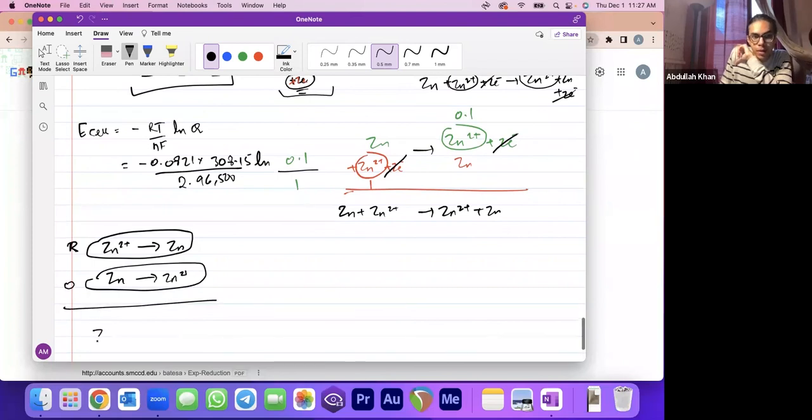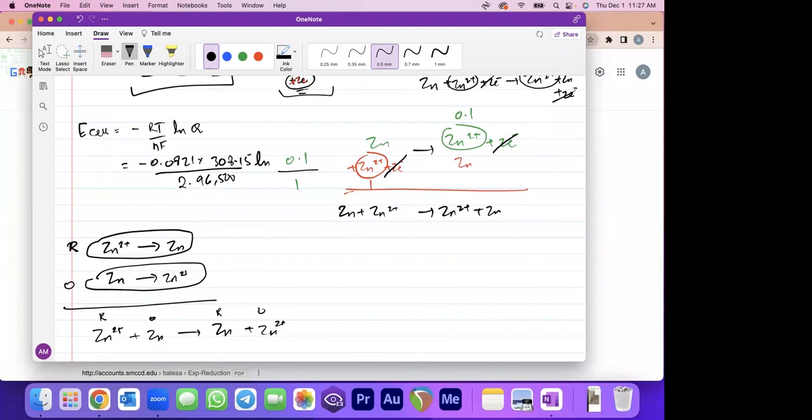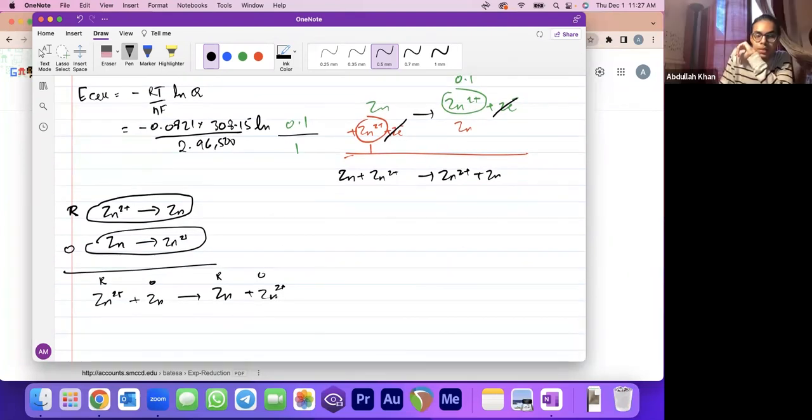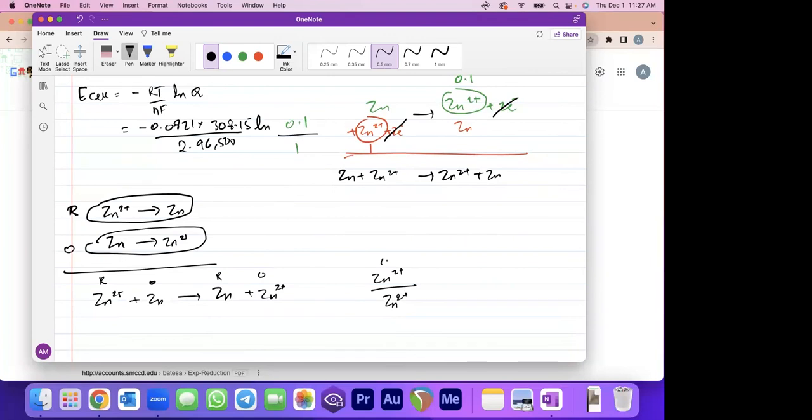Maybe instead of color coding, I'm going to mark them: this is the reduction Zn2 plus, the oxidation Zn gives the reduction Zn and the oxidation Zn2 plus. So now it's going to be the oxidation Zn2 plus divided by the reduction Zn2 plus, right? Products over reactants.